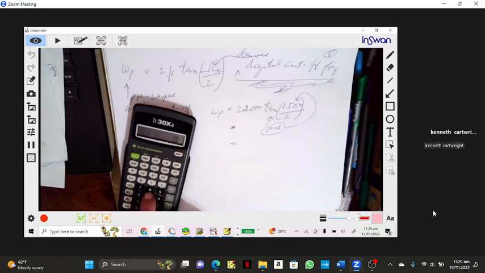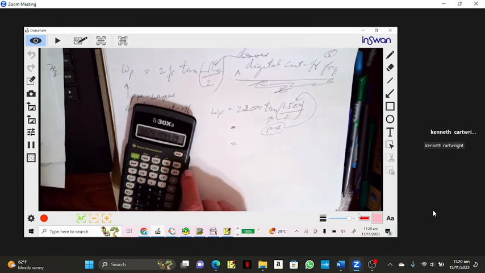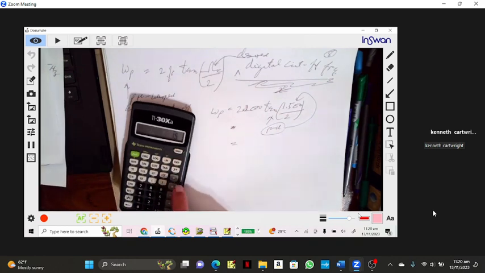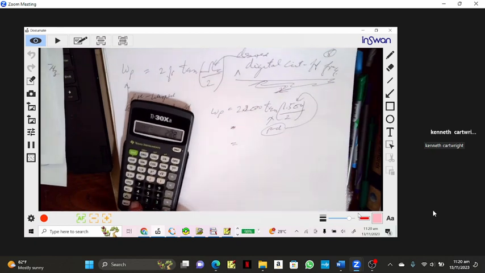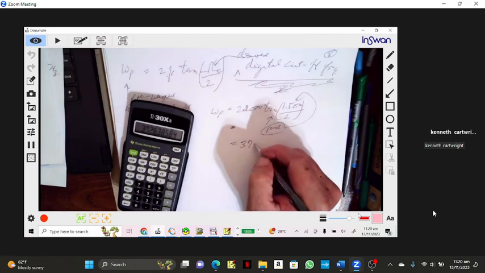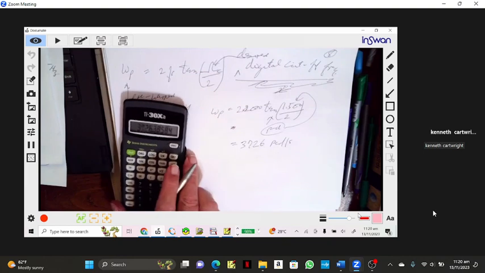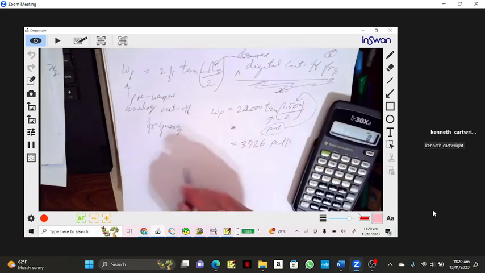So I have 1.5 divided by 2, tan, times 2 times 2,000. And it's now 3726 radians per second.